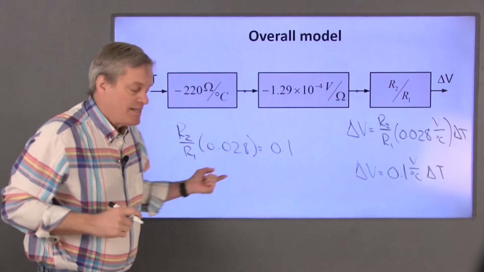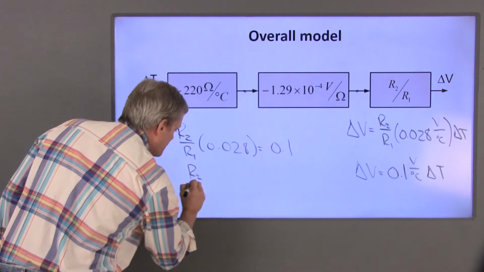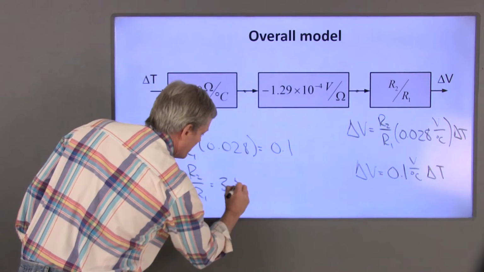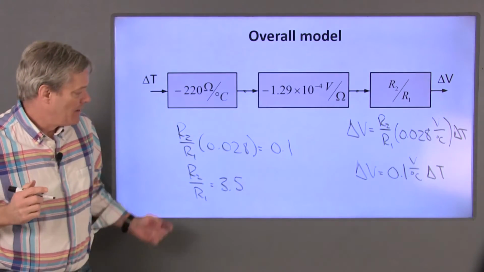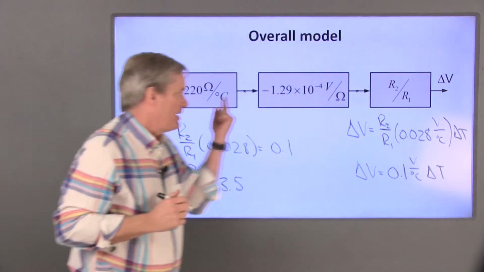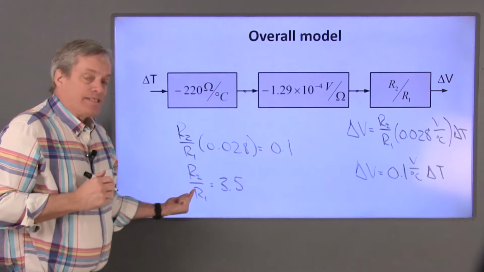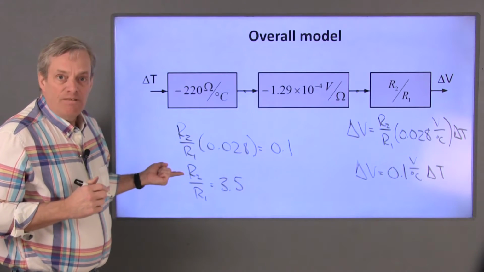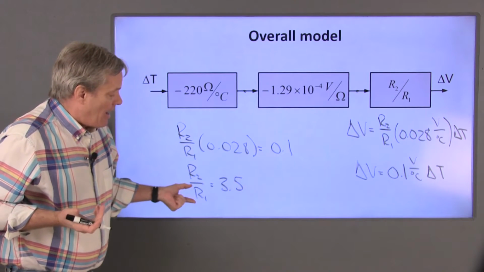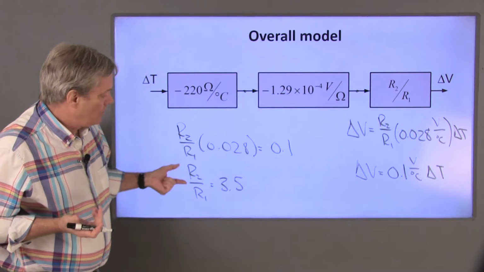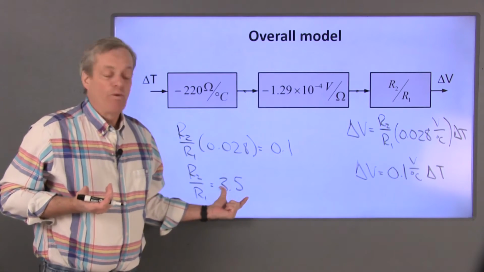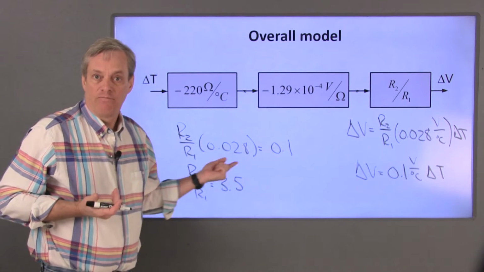If I divide both sides by 0.028, R2 over R1 is equal to about 3.5. So that allows me to select resistance values that give me the desired sensitivity. It doesn't choose either of these individually. I can pick one of them arbitrarily. I'm going to pick R1 to be 2.2 kiloohms and R2 to be 6.8 kiloohms. That'll give me 3.4, which is probably close enough to my desired value.